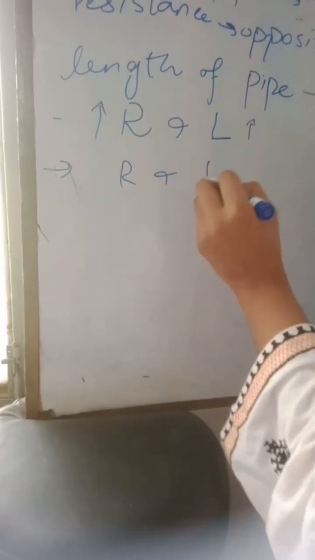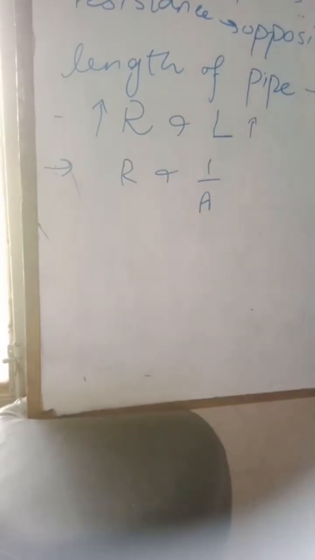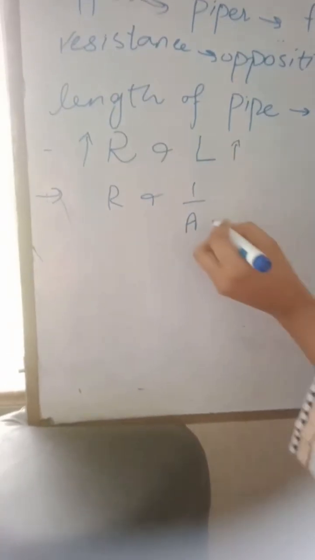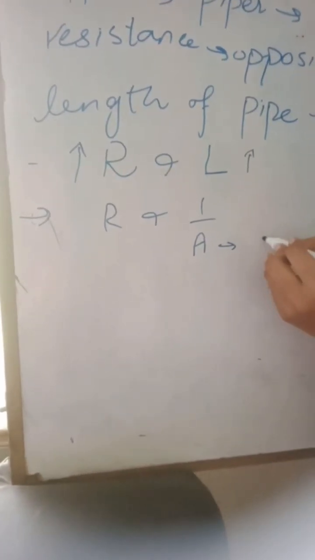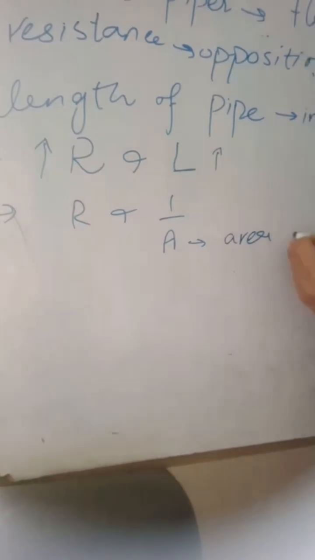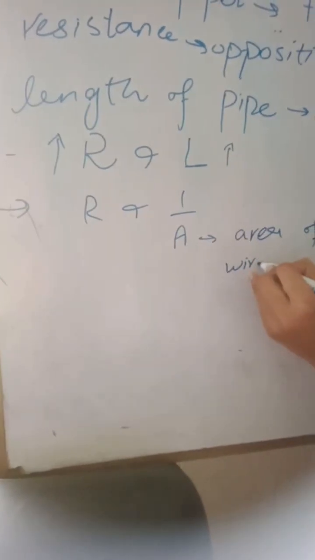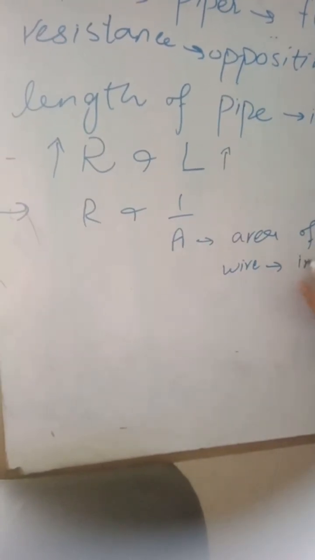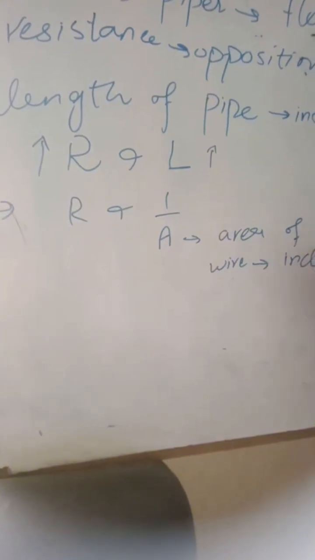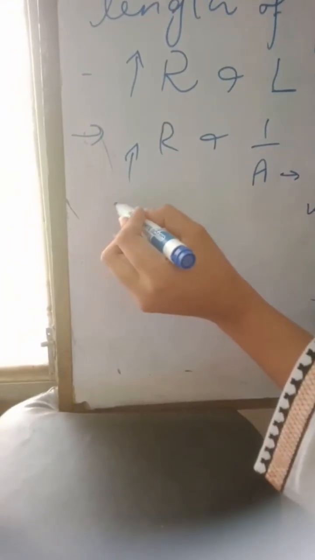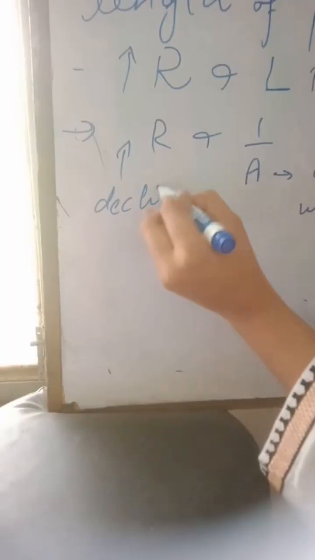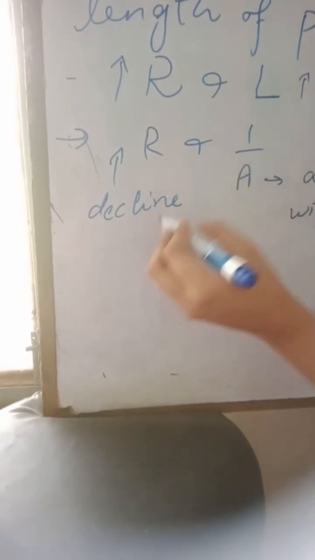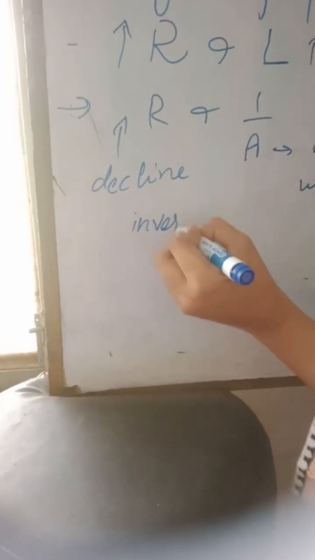Resistance is always inversely proportional to area. If area of wire inclines, resistance declines. It's an inverse relation between them.